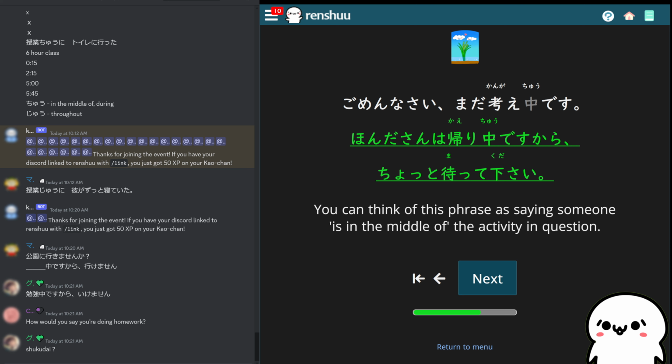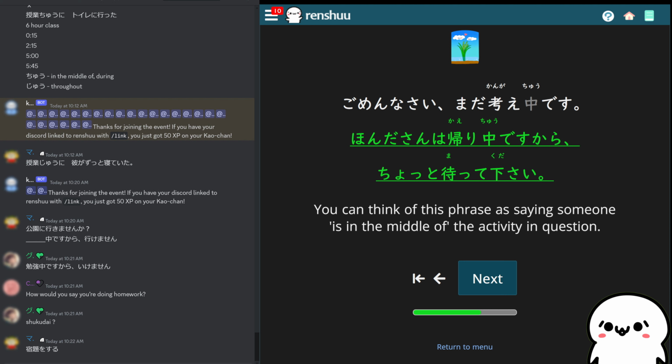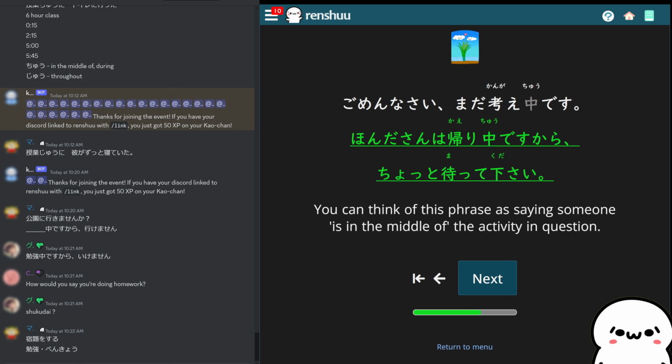The thing that you actually say is 宿題をする, to do your homework. But in terms of this specific expression, you'd probably just go with 勉強, studying. 勉強中.